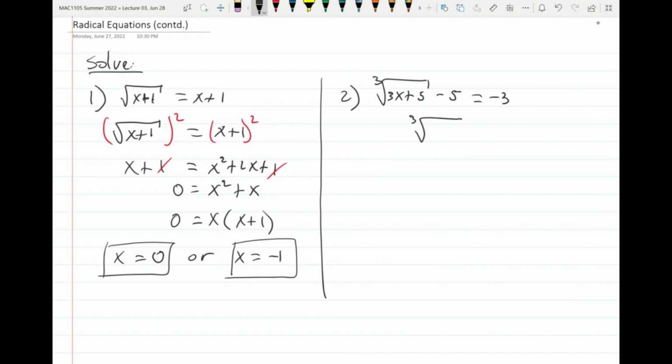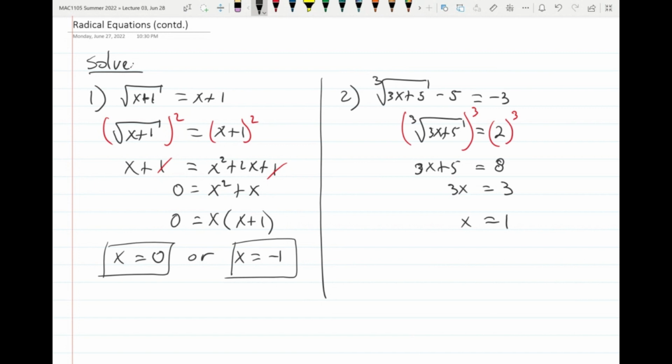So we get cube root of 3x plus 5 is equal to 2. Then cube both sides. So we get 3x plus 5 is equal to 8. So 3x is 3, and that gives us that x is equal to 1.